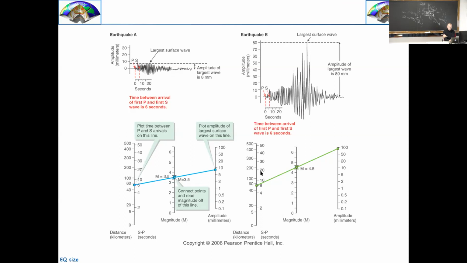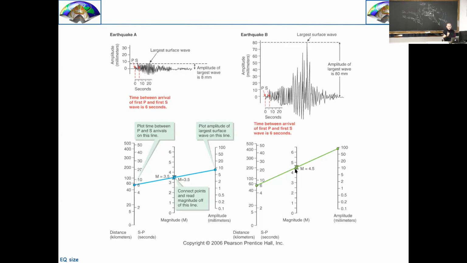Now let's take the maximum amplitude here in millimeters and put it on a different ruler. The A0 definition corresponds to putting a ruler between them so that where it touches, it gives you a number. You see the amplitude here is smaller, here it's larger, you connect them, and you measure here the magnitude. That was the idea.